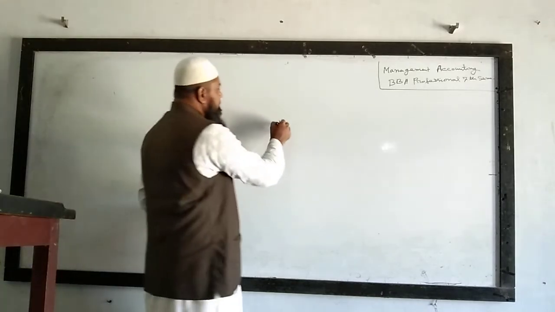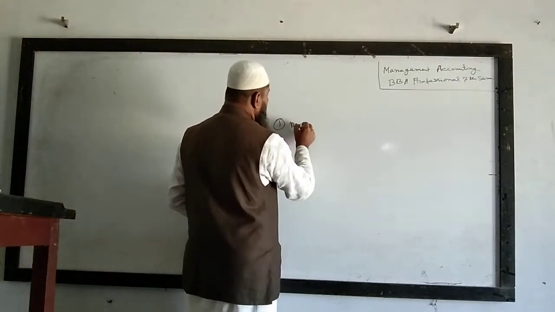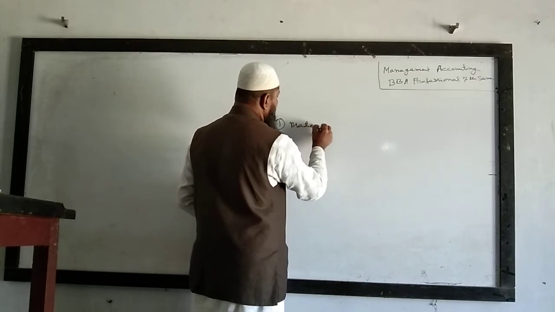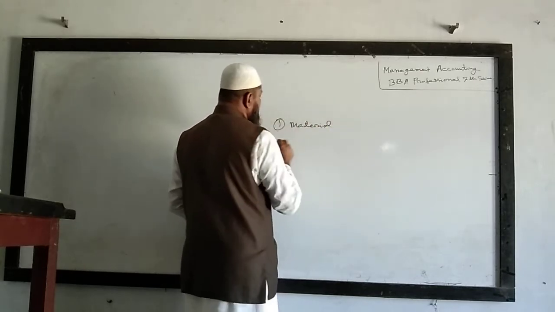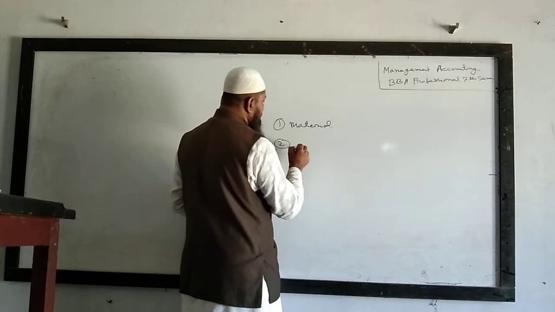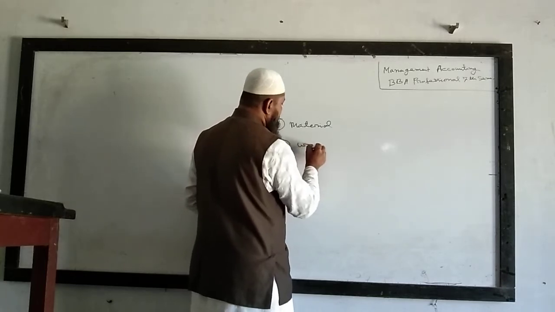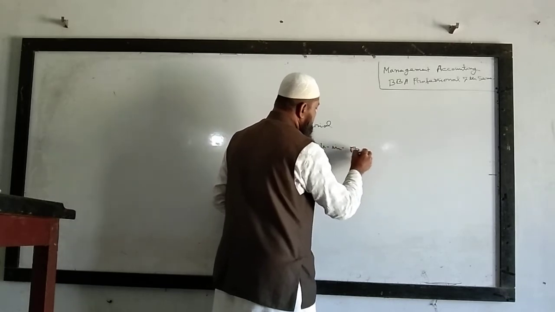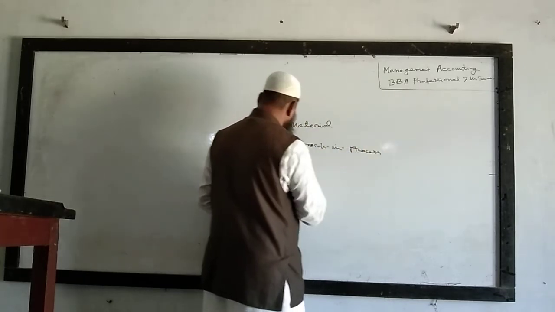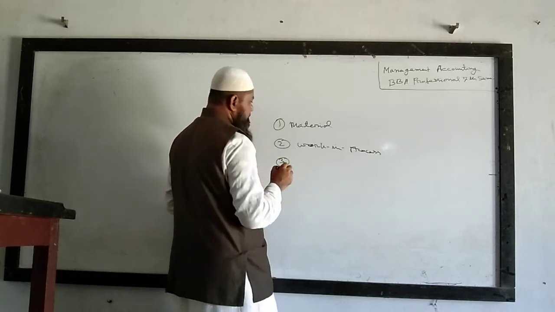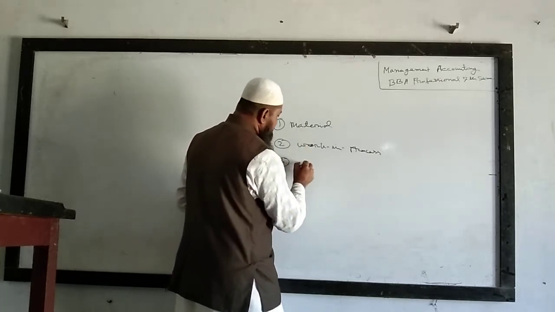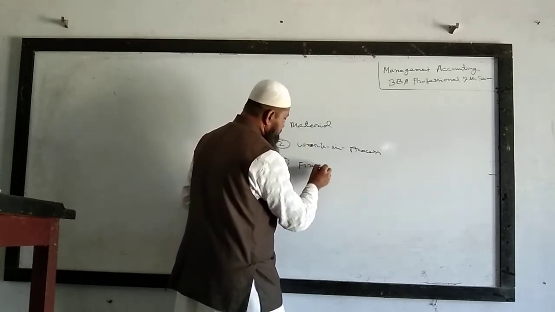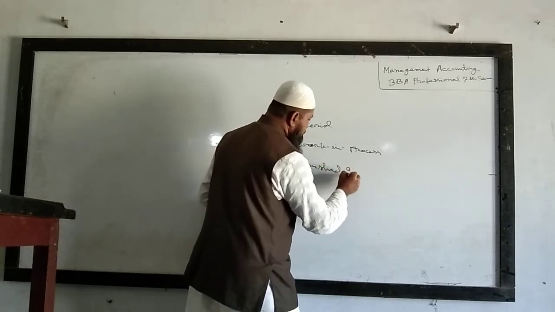Number one, material. Number two, work in process. Number three, finished goods.